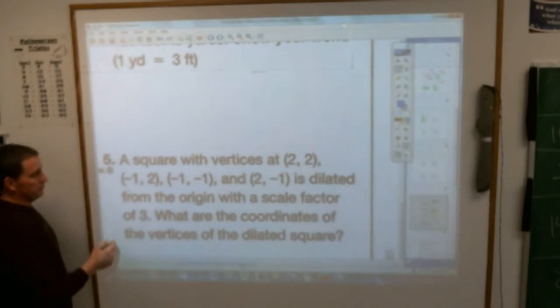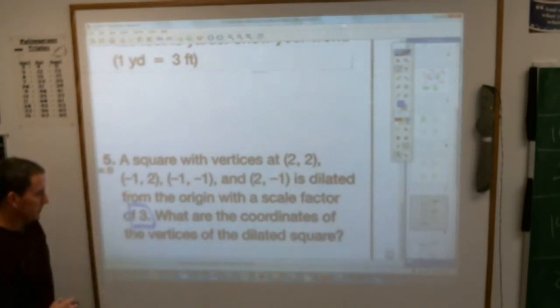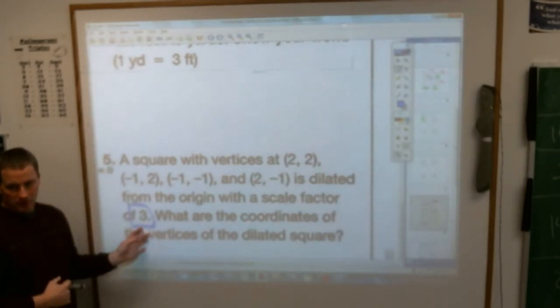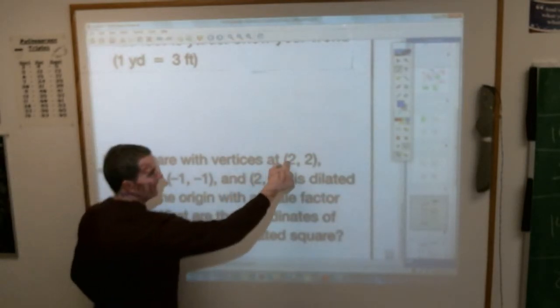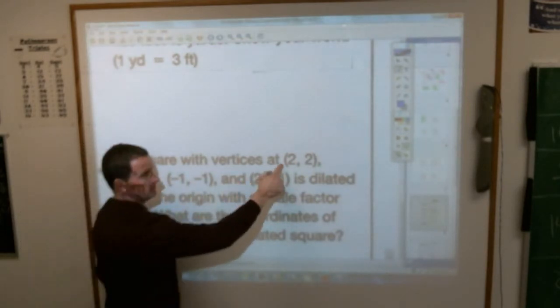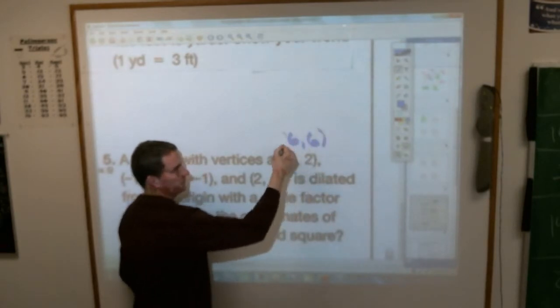You don't even have to, children, in this case here. It didn't ask you to give area of any of that stuff, it just asked you to give the coordinates. You don't even have to draw this one out, because a scale factor of 3 just means that you multiply everything by 3. So this one, 2, 2, multiply both by 3, you're going to get 6, 6.